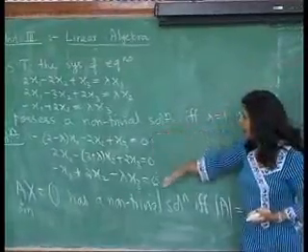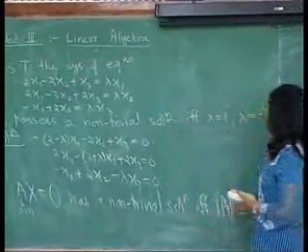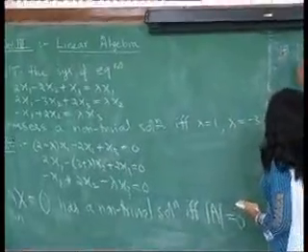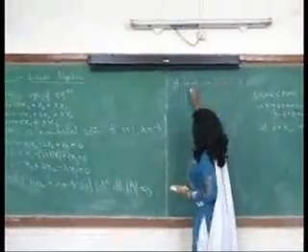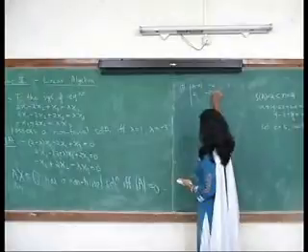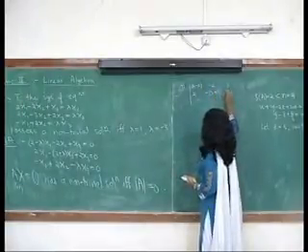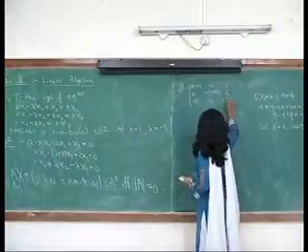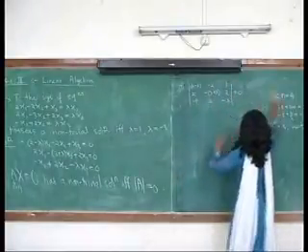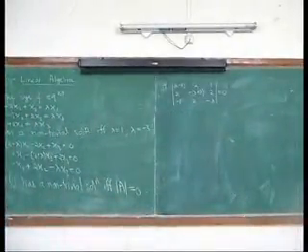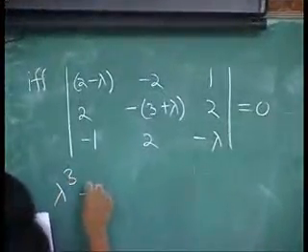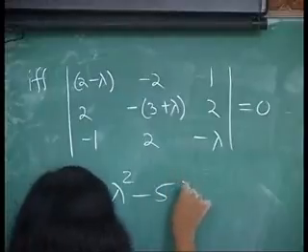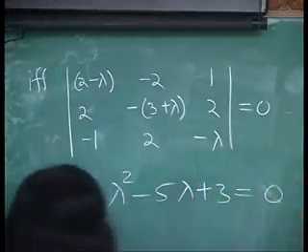So, this homogeneous system will have non-trivial solutions if and only if determinant of the coefficient matrix has to be 0. If we expand this determinant, we will get a polynomial in lambda. I have done the calculations. We get lambda cube plus lambda square minus 5 lambda plus 3 equal to 0.